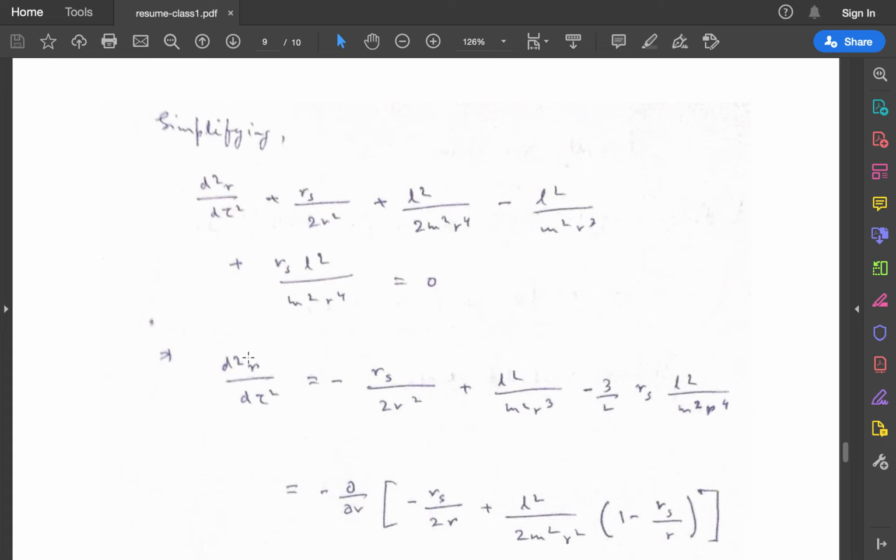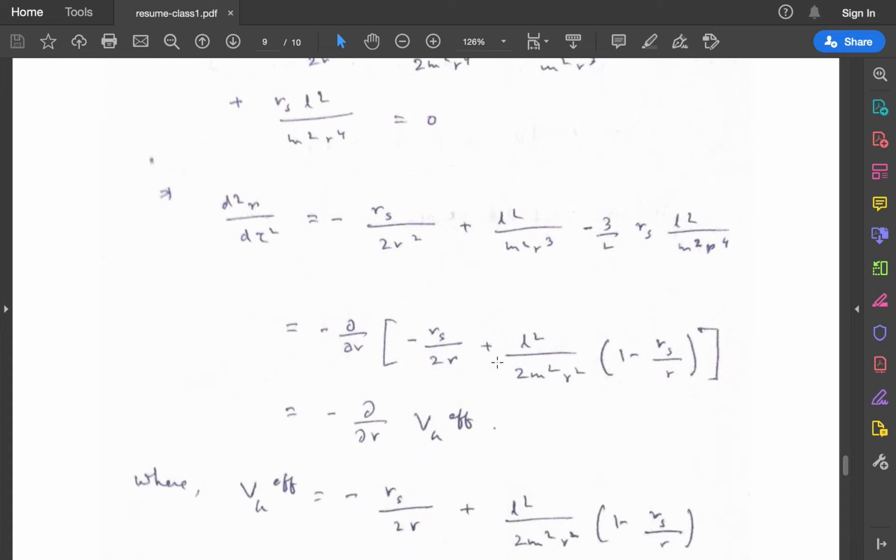If I take d square r by d tau square on the left hand side and all the other things on the right hand side, we can now write this in terms of a partial derivative, and this in terms of 2 terms, and let us call this just the effective potential. This is similar to the effective potential that we defined for the Newtonian case. The only difference is that there are some more extra terms. What the extra terms are will come later.